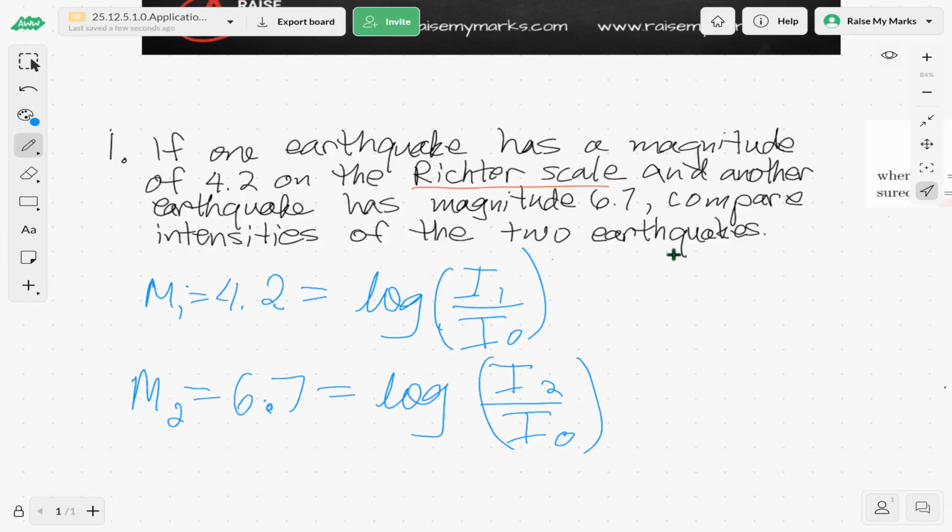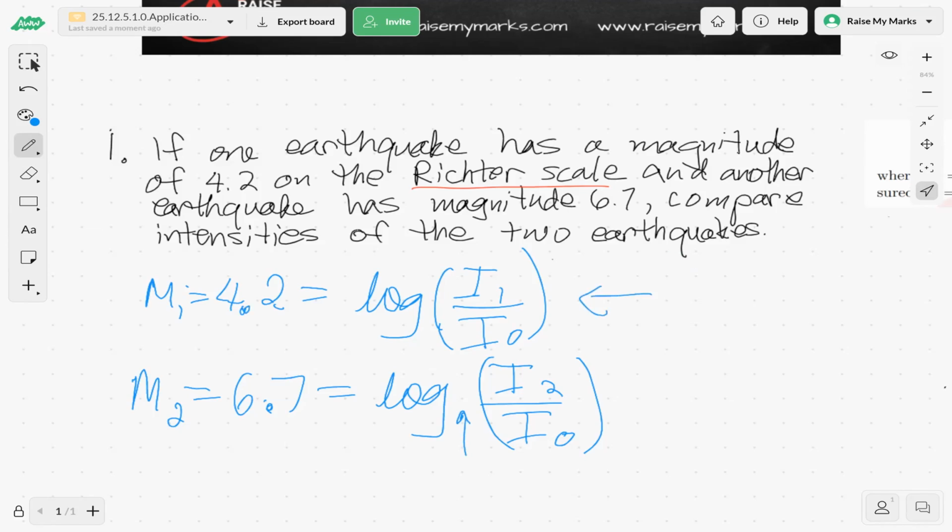Okay, so now they're asking us to compare intensities of the two earthquakes. So first thing we can do is, since we have to compare I1 and I2, try and remove this log. So we want to try and isolate for I1 and I2. So remember, the log is the inverse of the exponential function, and if we don't have a base by our log, then that means we assume the base is 10.